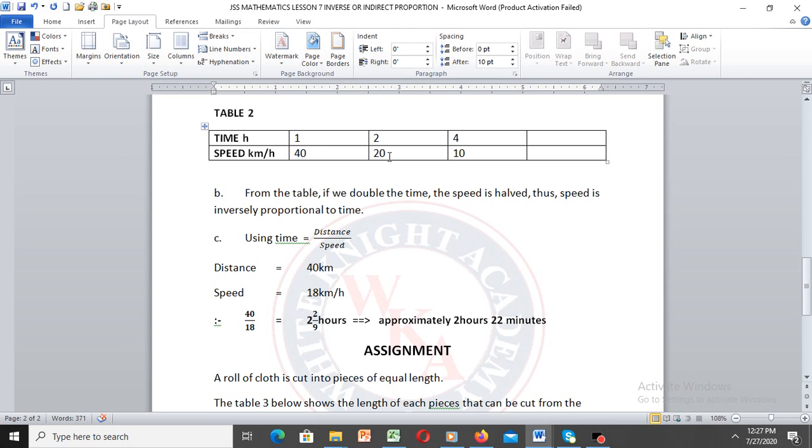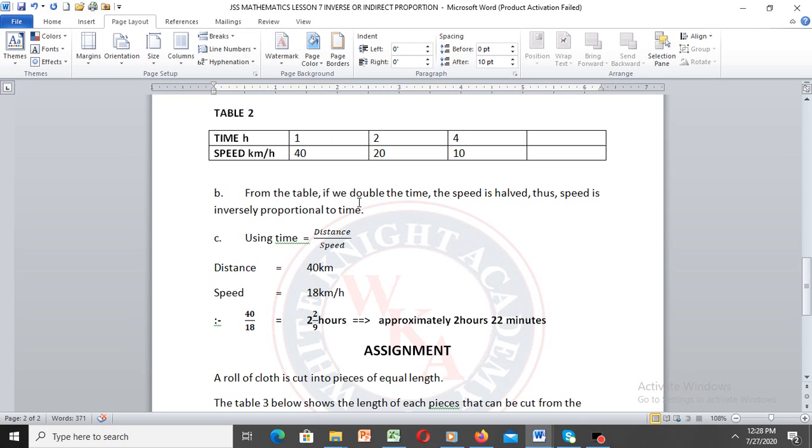But if he's moving at a slower speed of 20 kilometers per hour, then the time taken will increase to 2 hours. Then if he reduces his speed to 10 kilometers per hour, the time taken will increase to 4 hours. So that is the solution to question A.